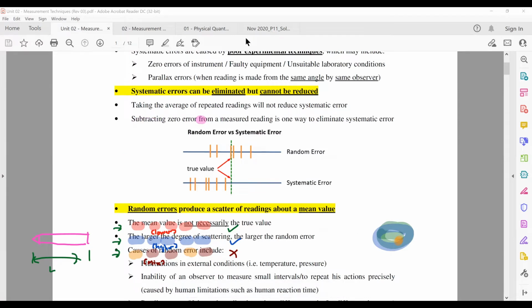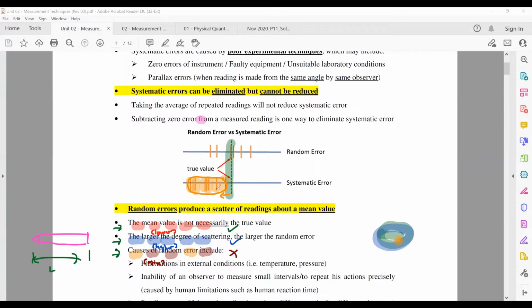Let's consider that this green dotted line is your true value, and the readings that you make are represented by these orange lines. Your group of readings is over here, all of them below your true value, so it still satisfies the definition of systematic error.